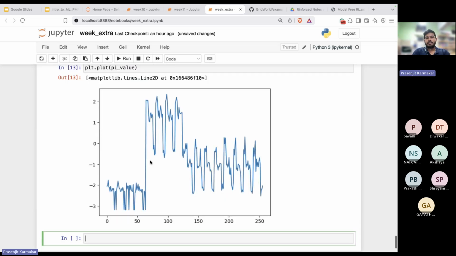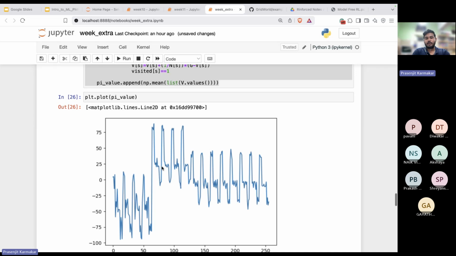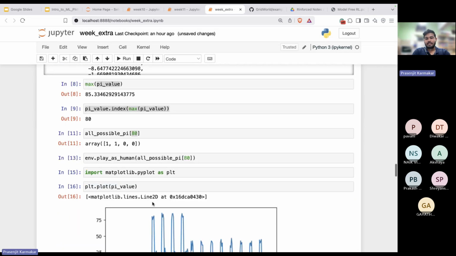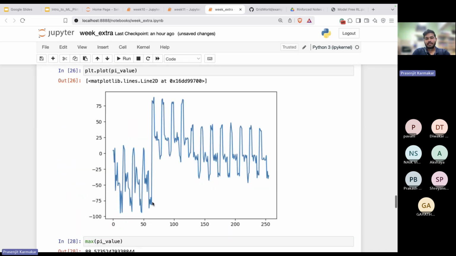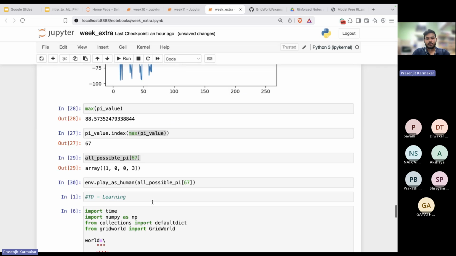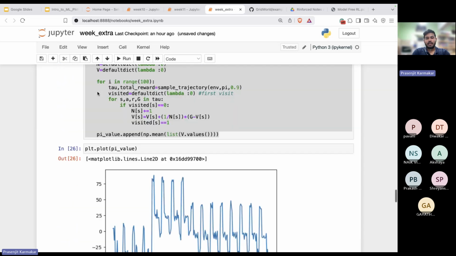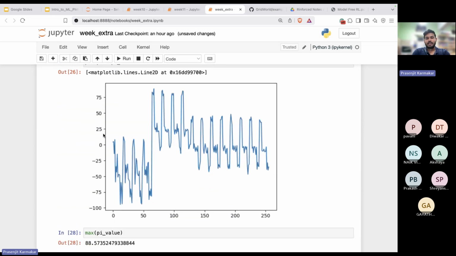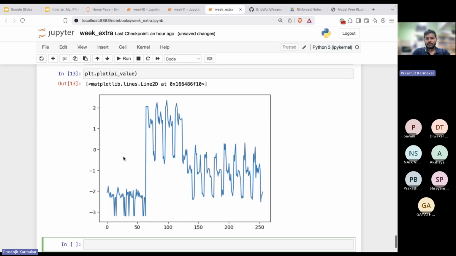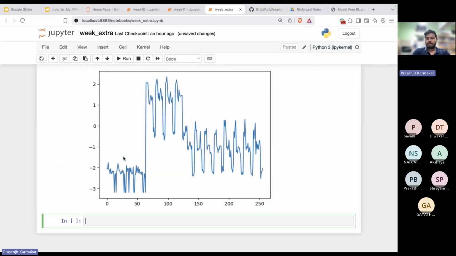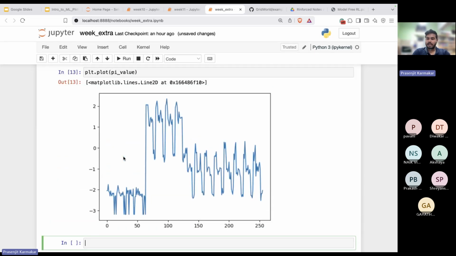So this is the kind of, see, all the value functions that we got, they are exactly the same, right? Somewhat biased. Sometimes it's a bit biased, sometimes it's not biased. See, it's a bit biased, right? But the shape is the same. See, at this point, it is ranging from -3 to 2. Earlier, it was ranging from -100 to 75. So they are in different scales, but they represent the same structure.